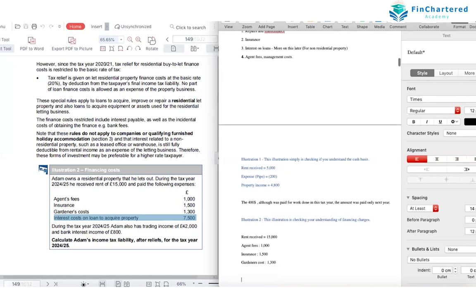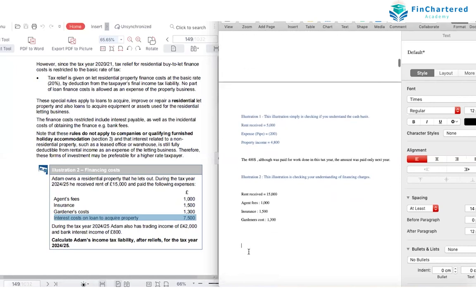Now, when it comes to interest, when it comes to finance charges, as per the new rule, again, the new rule is a little bit of bad news for a few people.